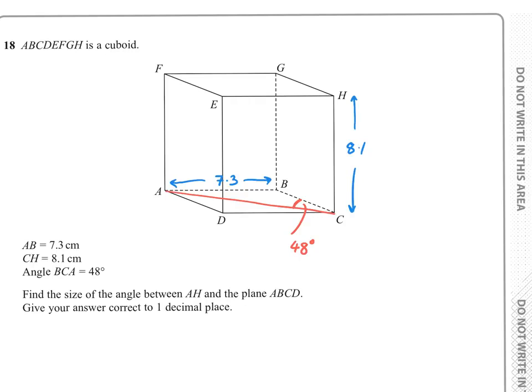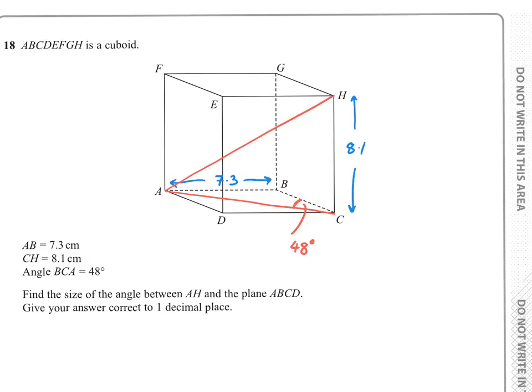We've got to find the size of the angle between AH. So where's AH? Let's have a look. So AH is here. And the plane, that's the flat surface ABCD.